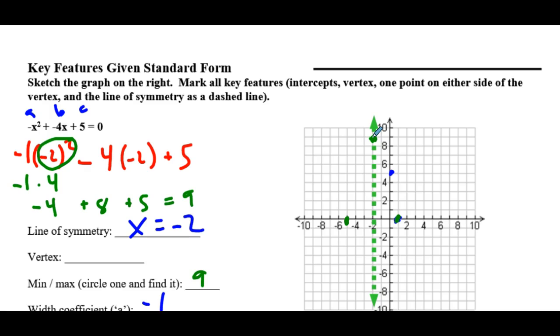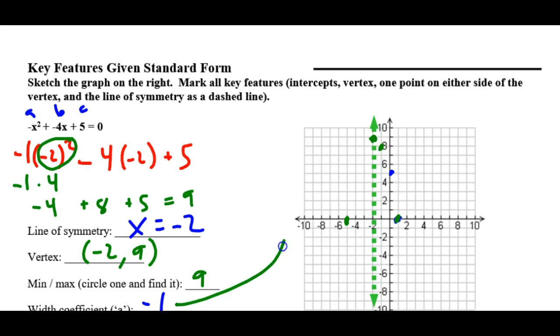So the vertex is at the point -2 from the x and then 9 from my min-max. Based on the graph that is shaping up here, and the fact that my a value is -1, meaning that if I go from that vertex over 1, I'm going to have to go down 1.